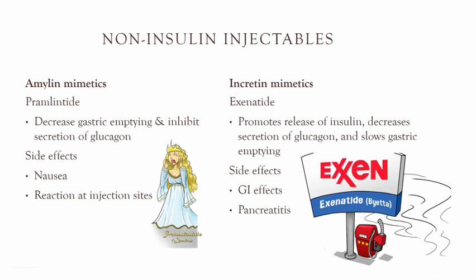Exenatide can help by releasing insulin and decreasing the secretion of glucagon, but it can also cause GI effects. We always want to notify the provider if they have those side effects, because it could be a sign of something bigger like pancreatitis. So with exenatide, we want to be watching out for pancreatitis.